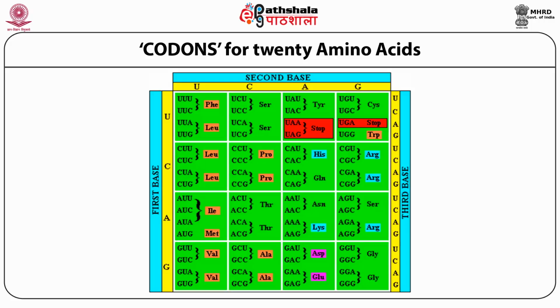CUA, CUG also code leucine. Glycine, for example, is coded by GGU, GGC, GGA and GGG, but there are a few combinations like UAA, UAG, UGA that do not code any particular amino acid, but these are stop codons.